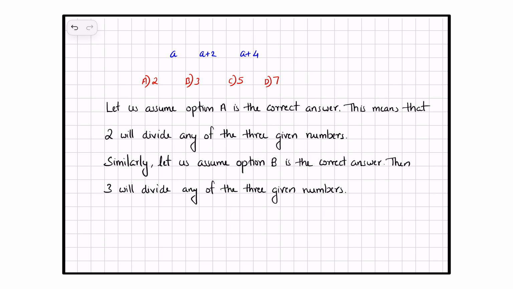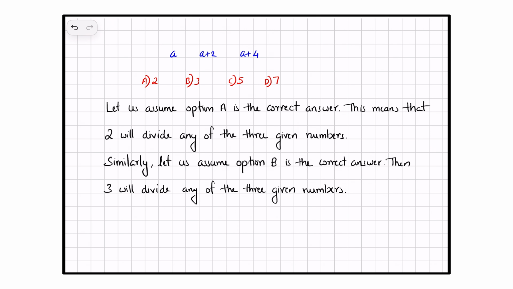Once more I will repeat. Let us assume that option A is the correct answer, that is 2. This means that 2 will divide any of the three given numbers. So 2 will divide any one of these numbers. We don't know which one, but any one of them.